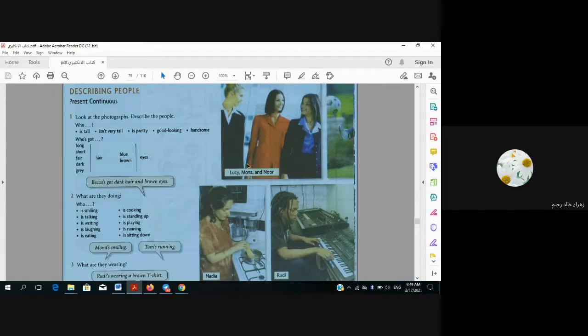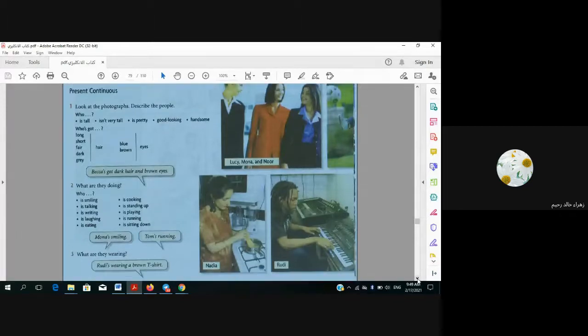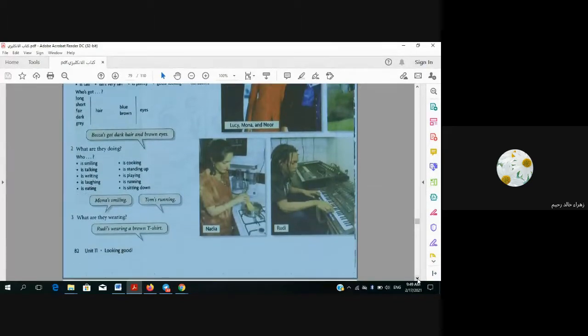No. Also Lucy, Mona and Noor are laughing. Who is cooking? Nadia. نادية تطبخ. Nadia is cooking now. Who is playing piano? رائد. Rodi is playing piano.